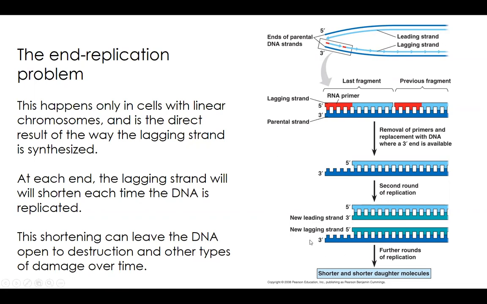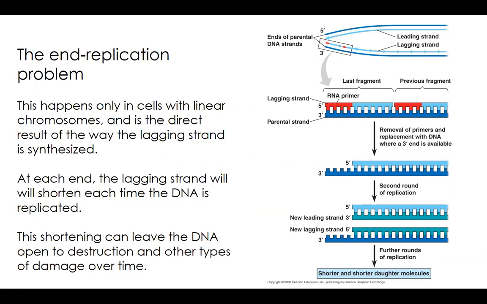Over time, that will result in shortening the chromosome on one end every time the cell replicates. So every time it replicates its DNA and divides, there it goes. This is a problem because we have a little bit of a buffer on the ends of these chromosomes that I'll talk about on the next slide.